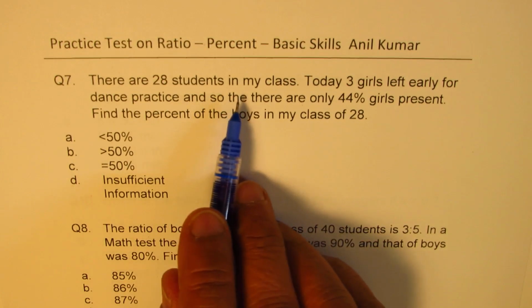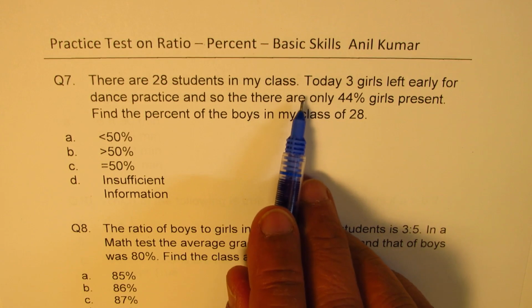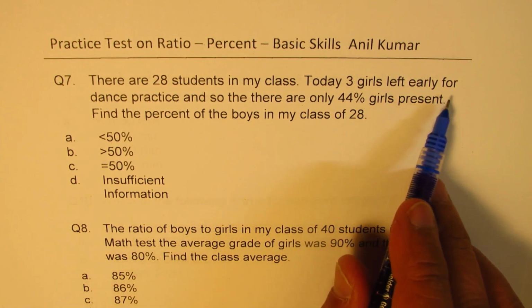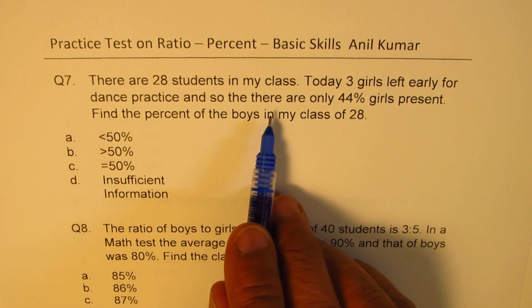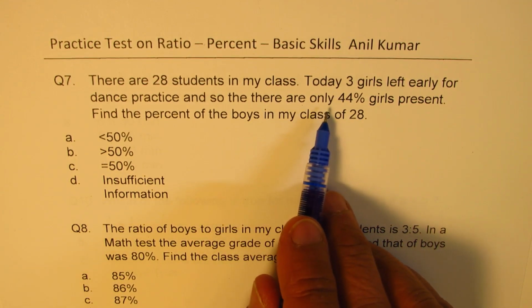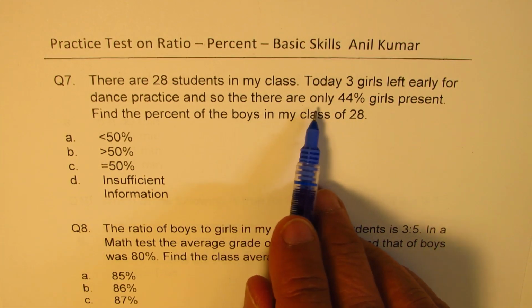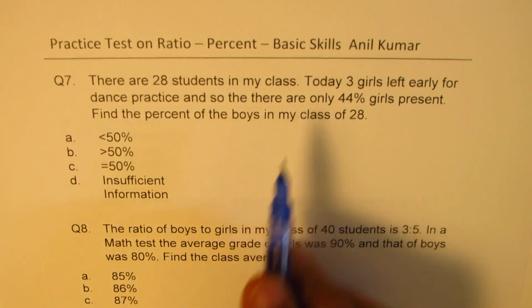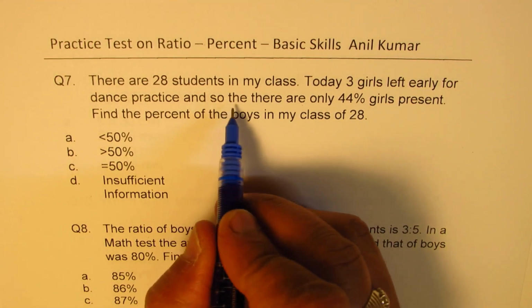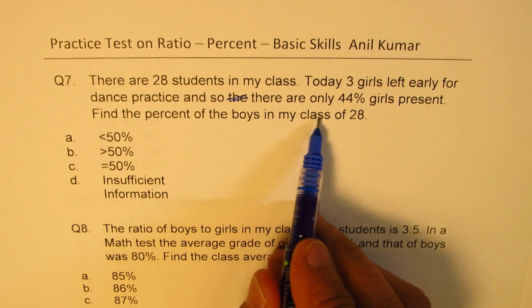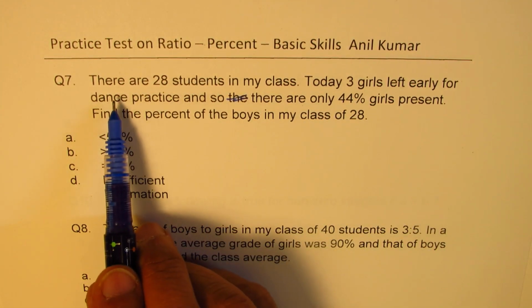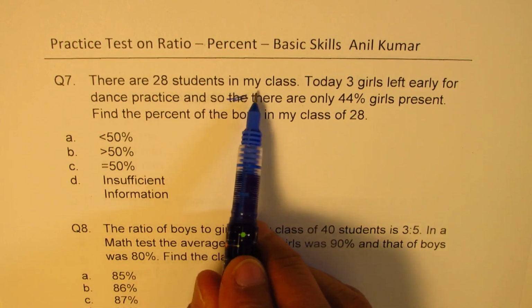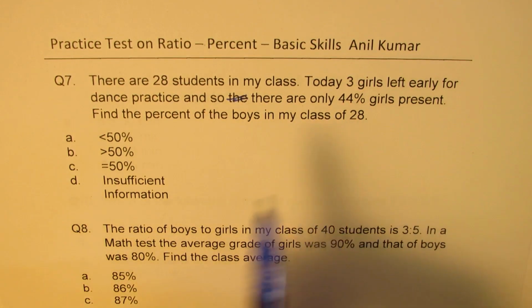there are 28 students in my class. Today, 3 girls left early for dance practice, and so there are only 44% girls present. Okay, so let's read it again. There are 28 students in my class. 3 girls left early.